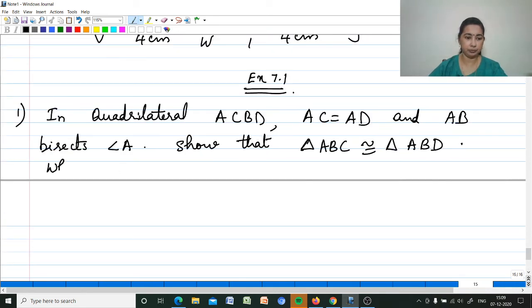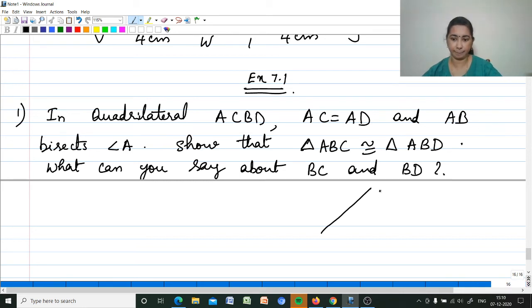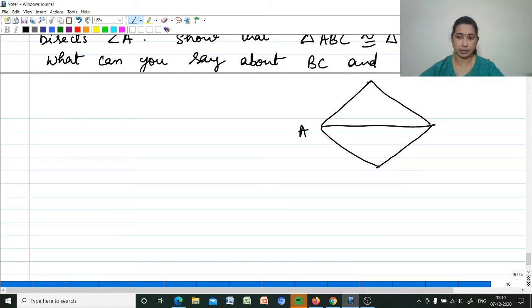This is A, C, B and D. These are the angles.